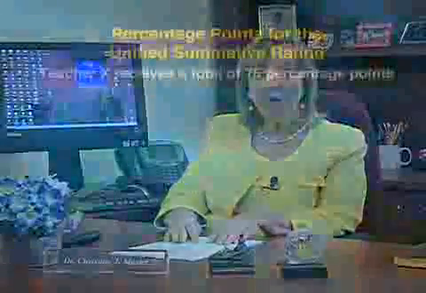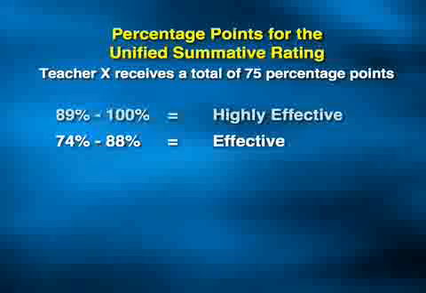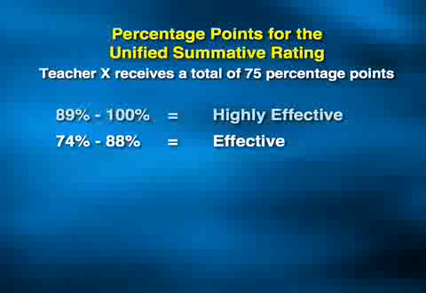The 75 percentage points earned in this example fall within the range of between 74 to 88 percentage points, which is designated for a rating of effective. Therefore, Teacher X will receive a unified summative performance rating of effective.